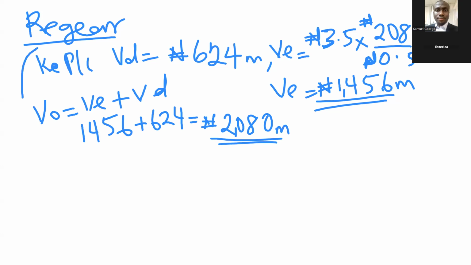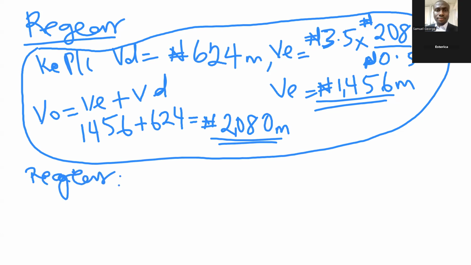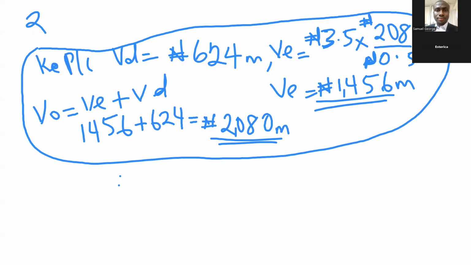Let us leave this place and go back to regear. When you want to regear, you need beta equity, the regeared beta equity.